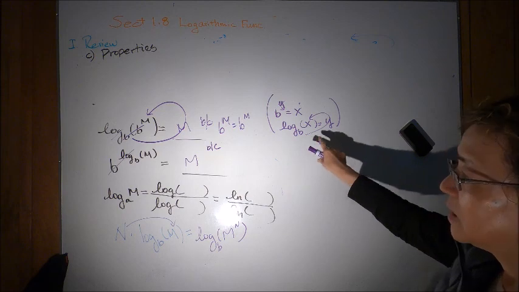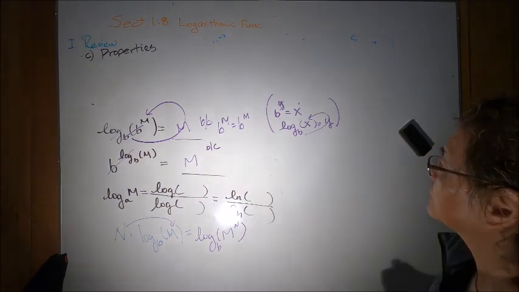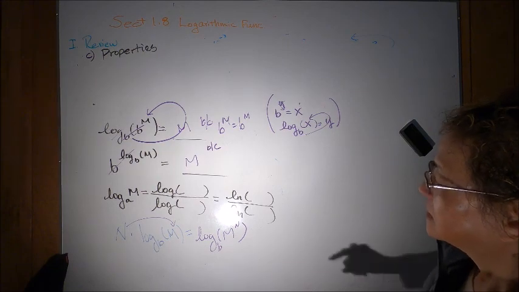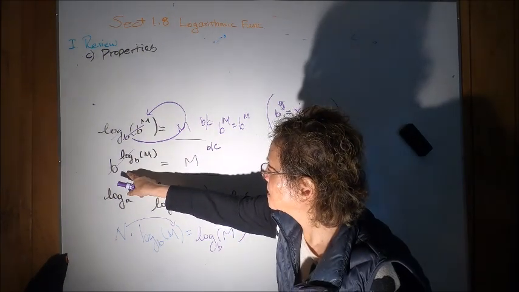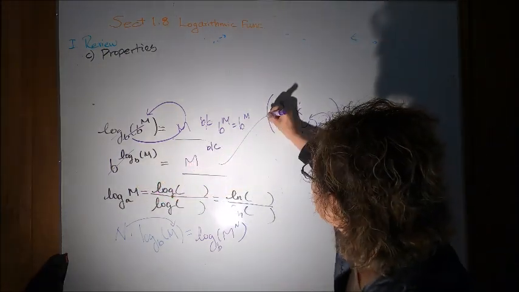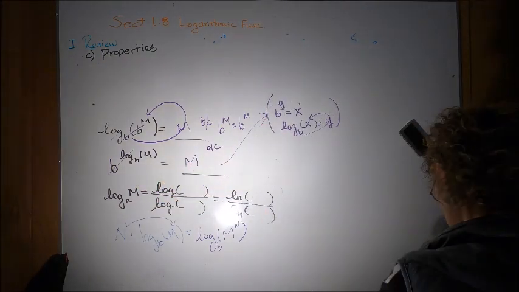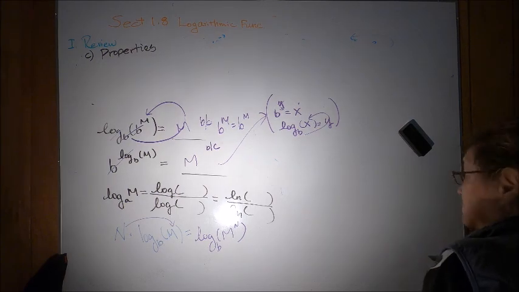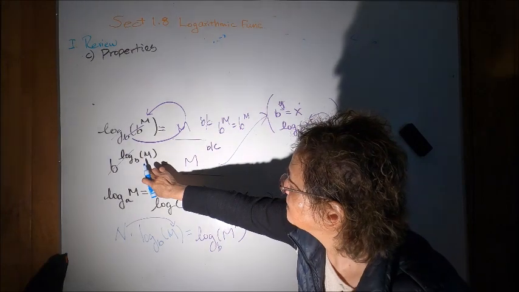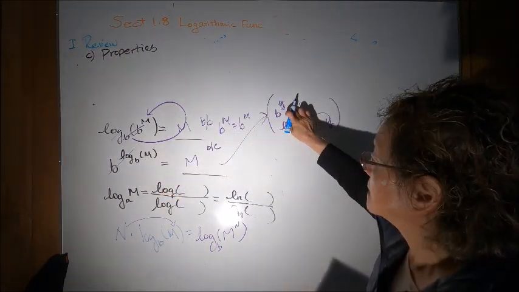So if I write it this way, how would I write? This one is exponent form. Then your b is b. Log b^m is your y.